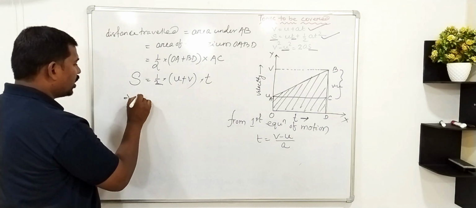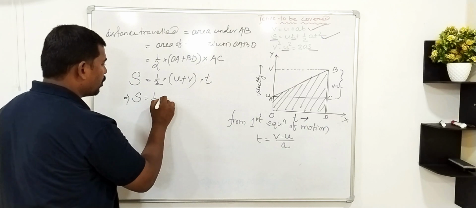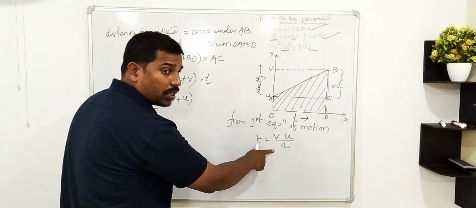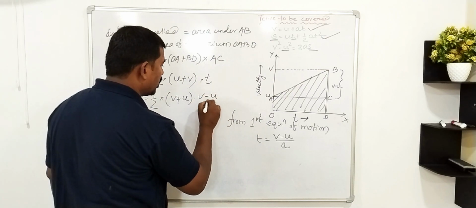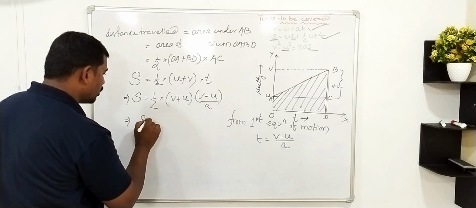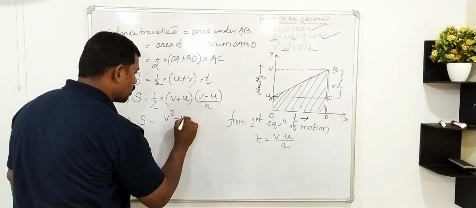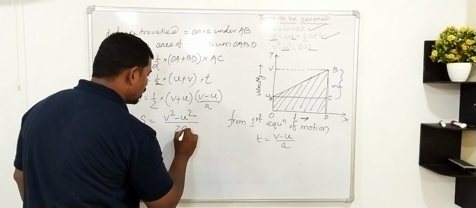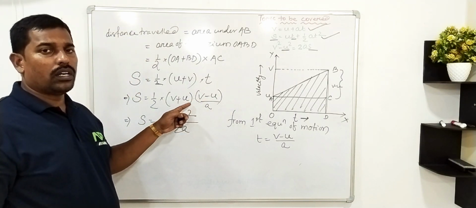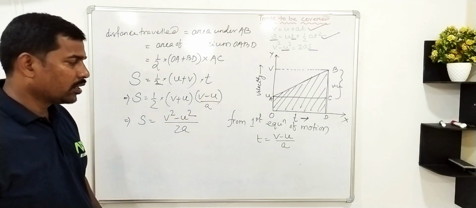We will write s is equal to half into V plus U into V minus U by a. We will get s is equal to V square minus U square by 2a. Here V plus U into V minus U is the formula for V square minus U square.